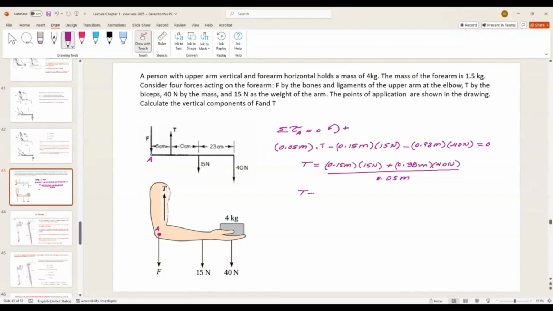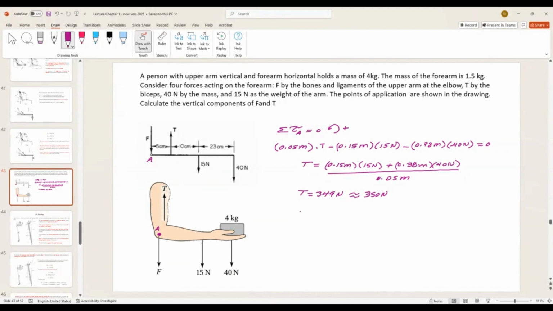So when we calculate the tension, we get that the tension here would be 349 newtons, right? Which is going to be approximately 350 newtons. Like that, we express this with two significant figures.